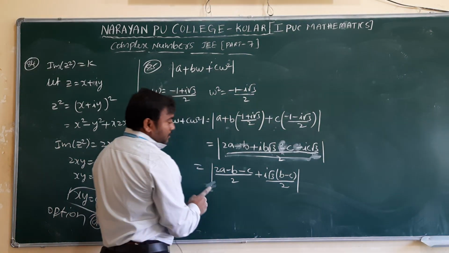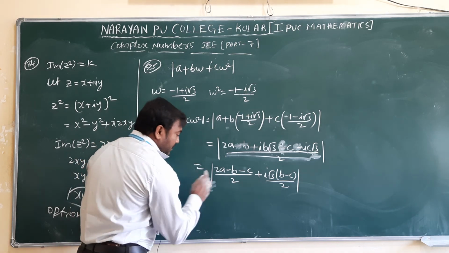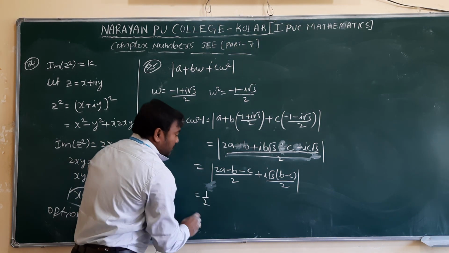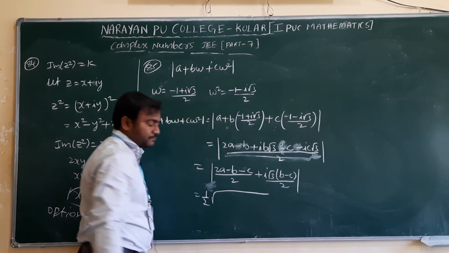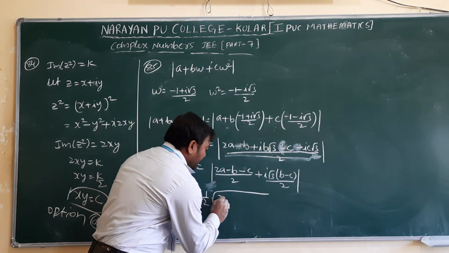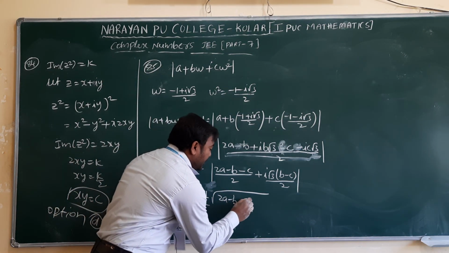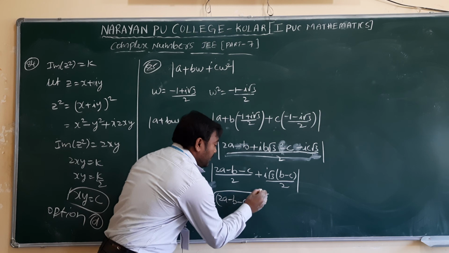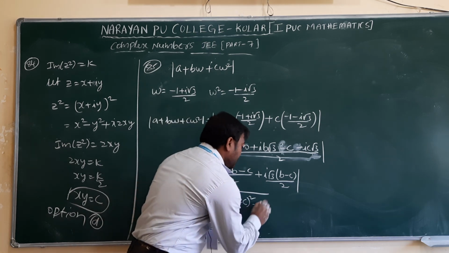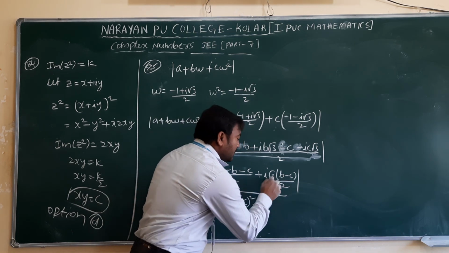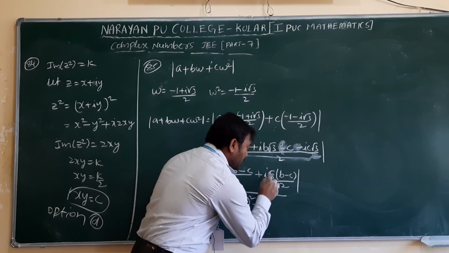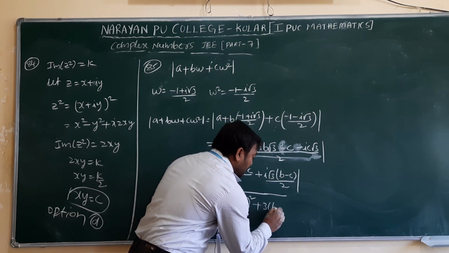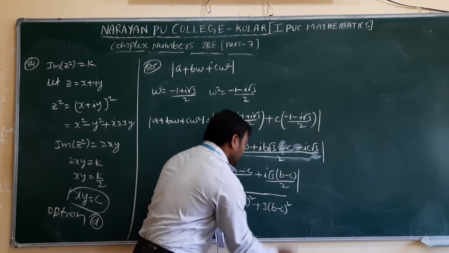By applying the modulus, we take 1/2 outside, remaining the square root of (2a - b - c) whole square plus (√3 into (b - c)) whole square, which is 3 into (b - c) whole square.